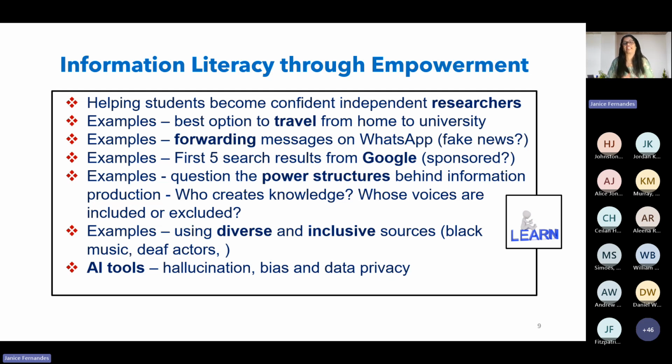What are the first 10 search results that you get from Google? Are they the ones that you really wanted? Has that been pushed from sponsored sources? Lots of those questions, and then thinking about diverse sources, inclusive sources, nudging them on to think about topics for their assignments which might be inclusive. Speaking about AI tools, talking about hallucination, bias, and data privacy.